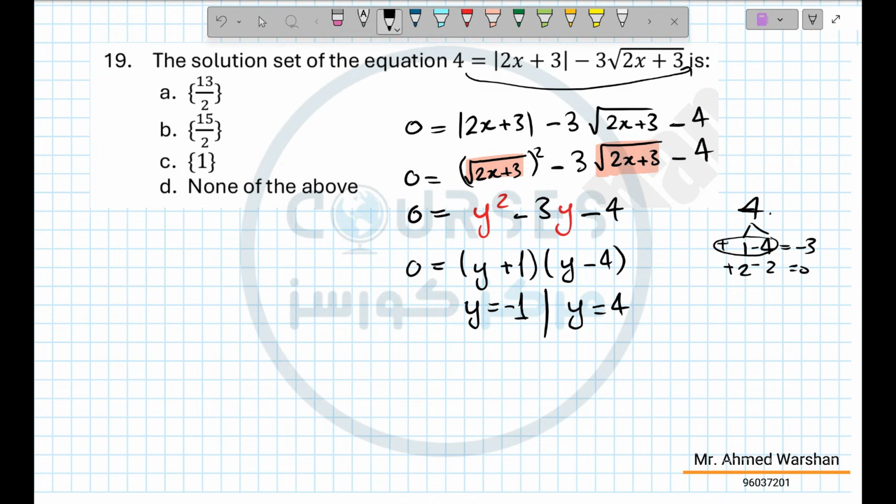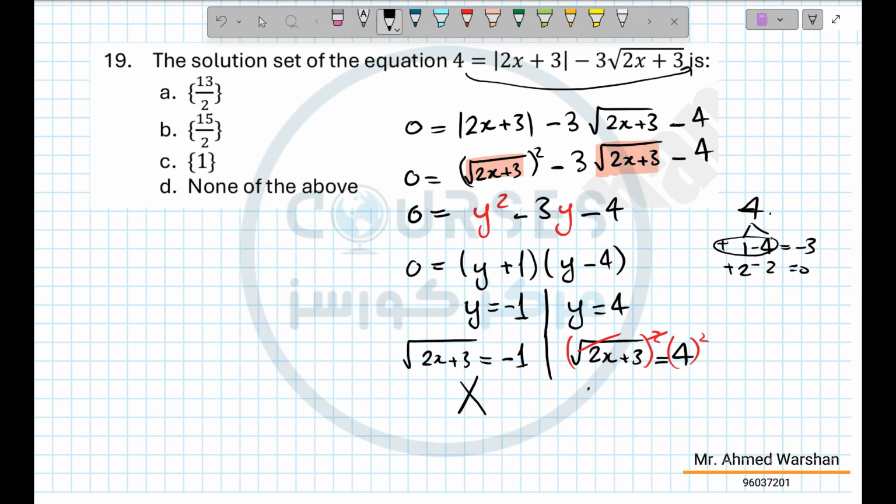Return y to its original state. Square root of 2x plus 3 is equal to negative 1. This one is directly rejected, the square root can never be equal to a negative number. Return the other one. So square root of 2x plus 3 is equal to 4. Yeah, we can continue with this one. Cancel the square root with power 2.